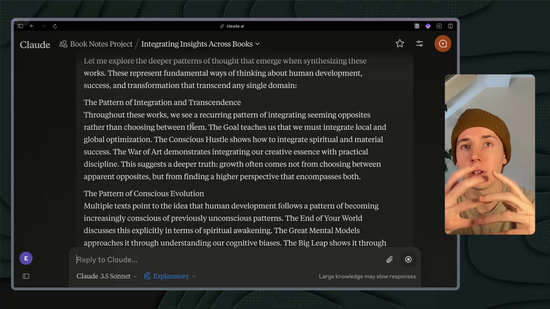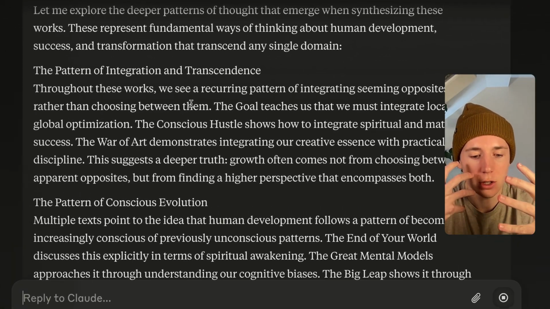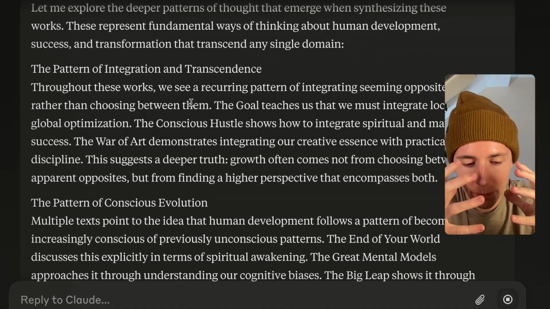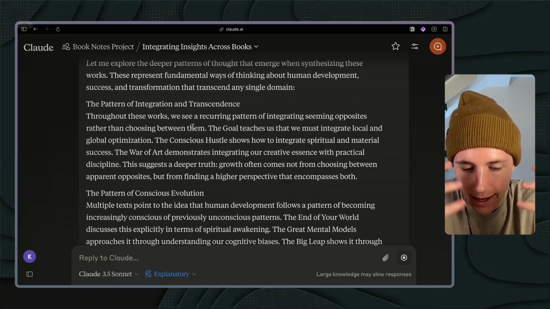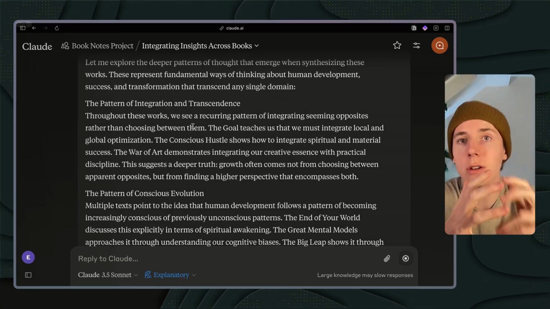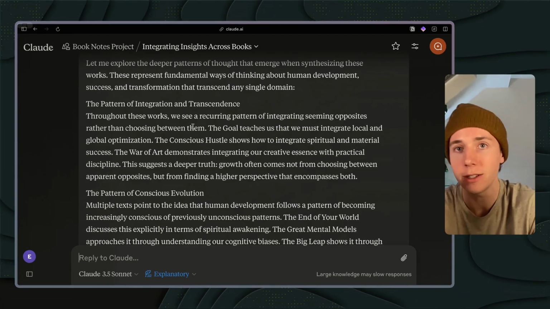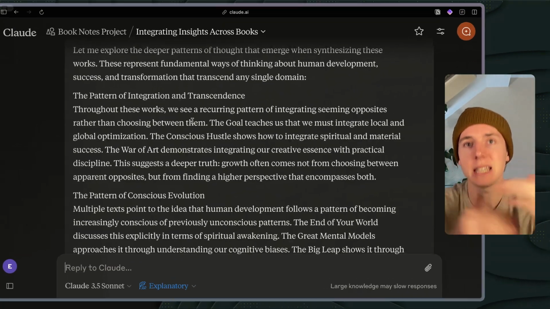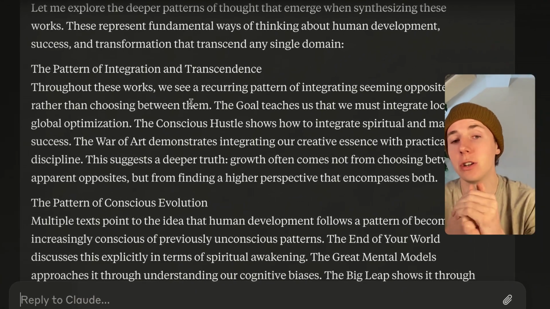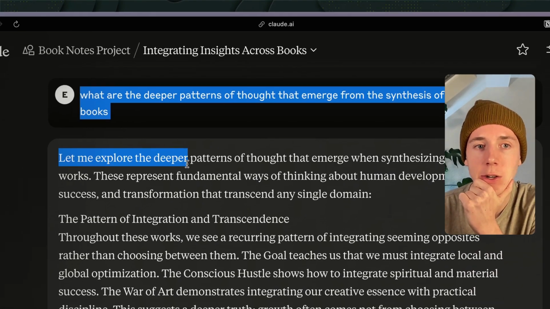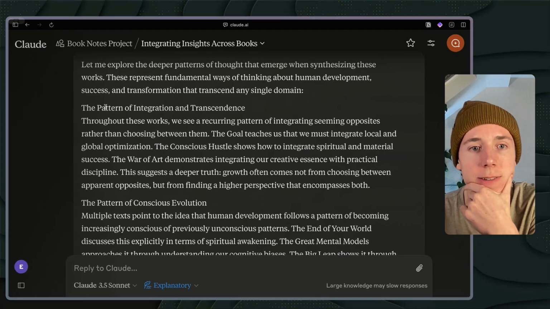You can start to notice and grok and understand on a deeper, more intuitive level. Maybe the book's content was talking about XYZ, but maybe there's something deeper than that. There's a pattern that you can start to notice when you start asking Claude Projects questions like this.